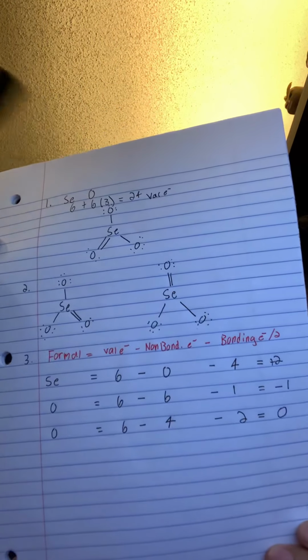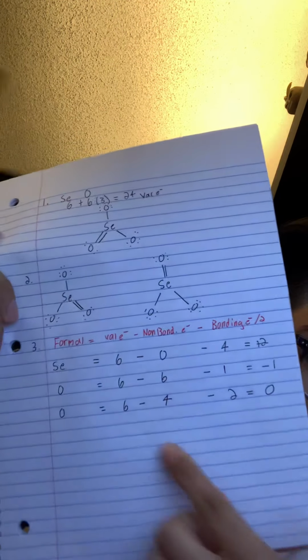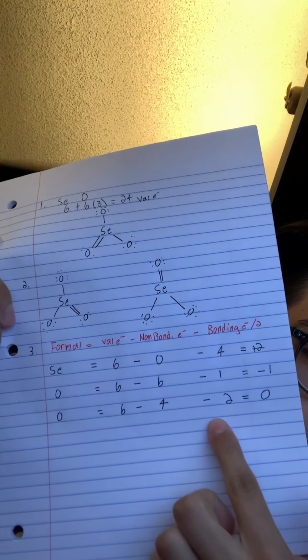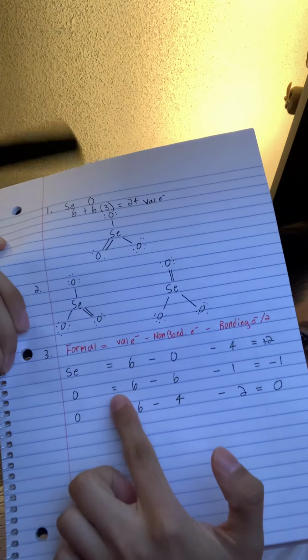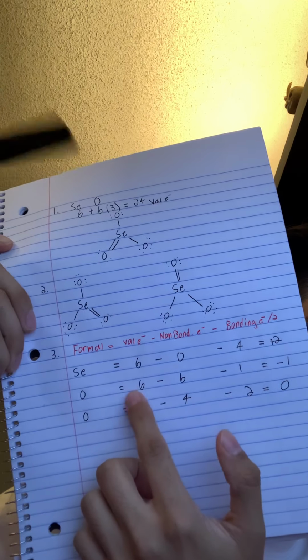As for the last oxygen, the double bonded one, it's going to be different. 6 valence electrons, and then there's going to be 4 non-bonding electrons, and then the bonding electrons divided by 2 is 2, and that's going to equal 0 formal charge. So there's my math I did for the formal charges. The one on the bottom, not the double bonded one, is the same for the other 2 oxygens.